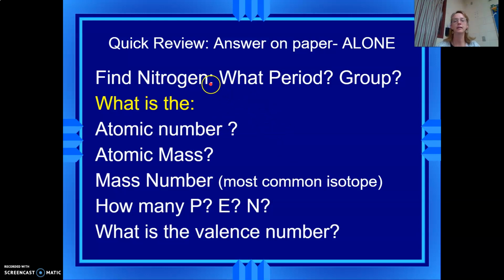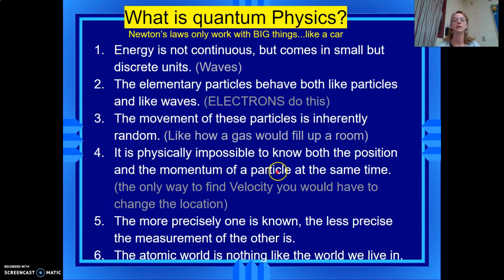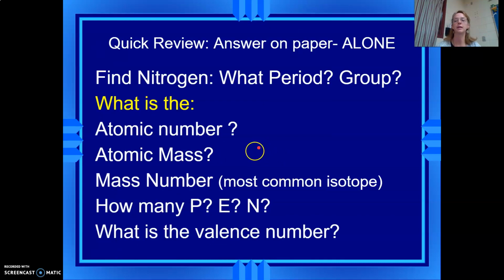All right, see if you can do all of this. Find nitrogen on your periodic table, what period, what group, find the atomic number, mass, and so on. See if you can do that. So nitrogen is in period 2, so it has 2 orbitals. It is in group 5A. The atomic number is 7. The atomic mass is 14.007.